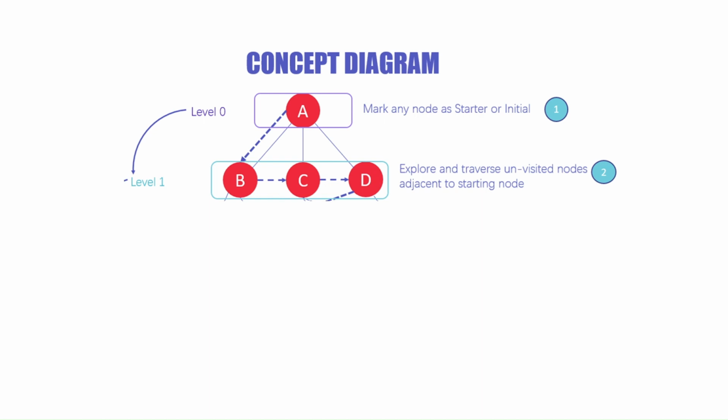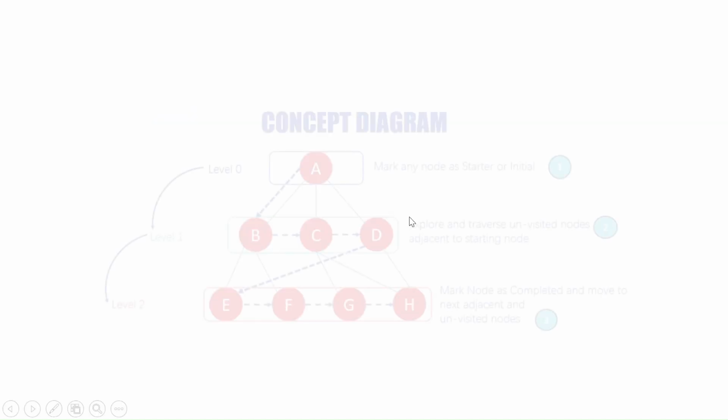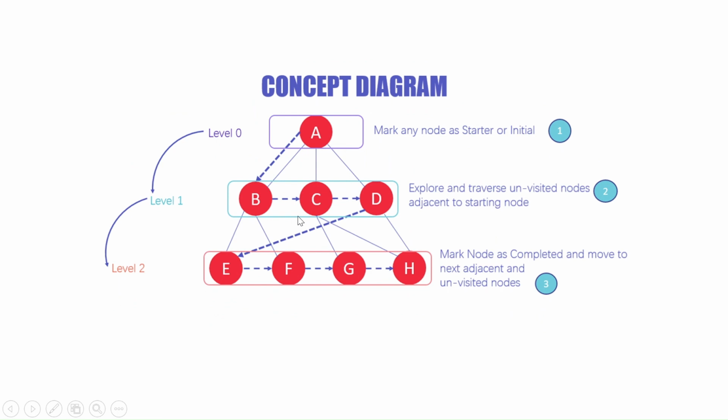First it contacted the level 0 node A, then it contacted all the nodes present on level 1: B, C and D. After that, all the unexplored nodes E, F, G, H of level 2 will be explored. So this traversal technique works based on levels. The important thing is the starting node.